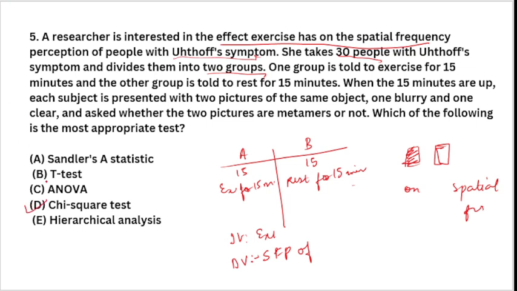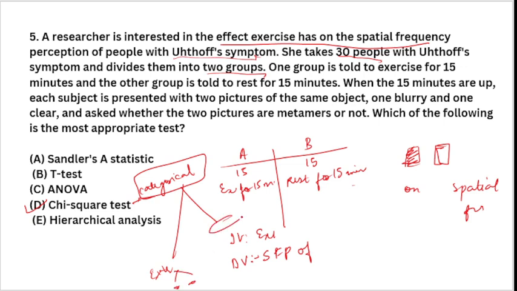Why chi-square? The chi-square test will be used because both variables are categorical in nature. There is no continuous data. We have two categorical variables. First, the effect of exercise is discretely categorical.